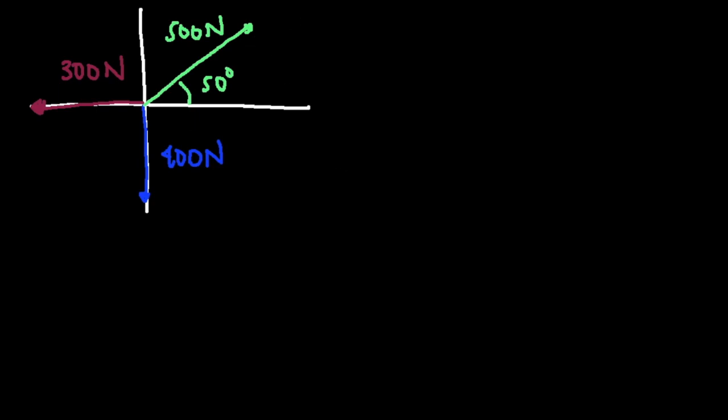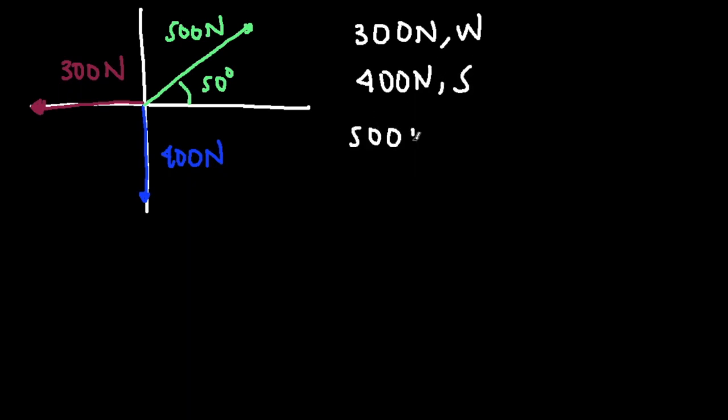So again, very basic step. If you're a beginner, you might want to list down everything that you have first. So you have 300 newtons of force directed to the west. You have 400 newtons of force directed to the south, and then 500 newtons with 50 degrees relative to the positive x-axis.